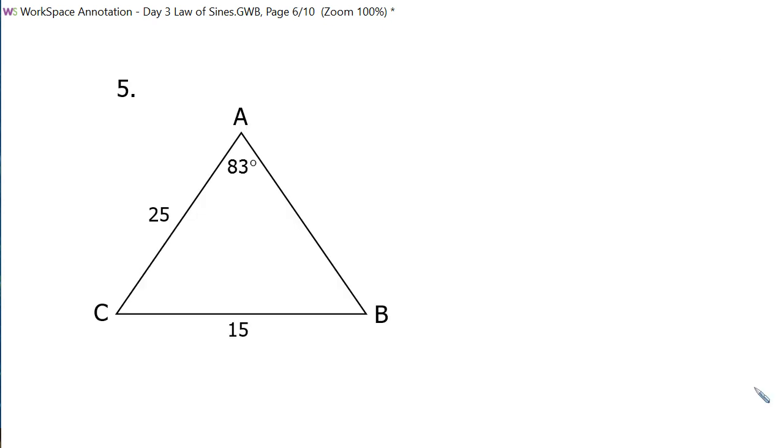Next example. Notice they gave us angle side side. If they give you angle side side, how many cases could you have? 2. Go ahead and write out your cases.